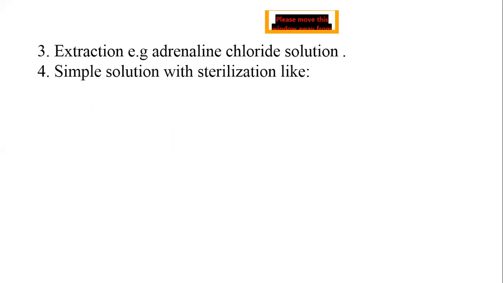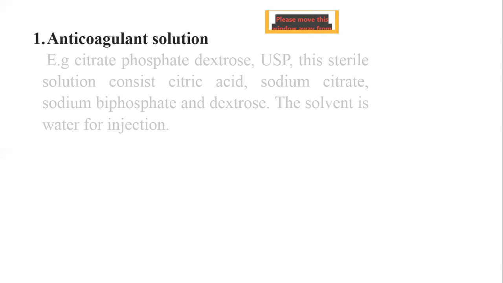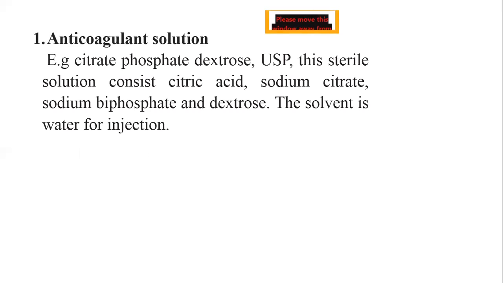The other method is simple solution with sterilization, like anticoagulant, irrigating and physiological solutions, parenteral solutions, and ophthalmic solutions prepared from sterile ophthalmic powders. In the case of anticoagulant solution, for example, we have citrate phosphate dextrose, USP.